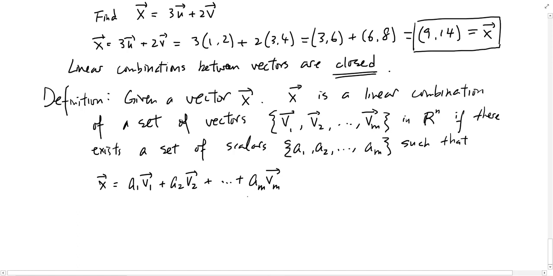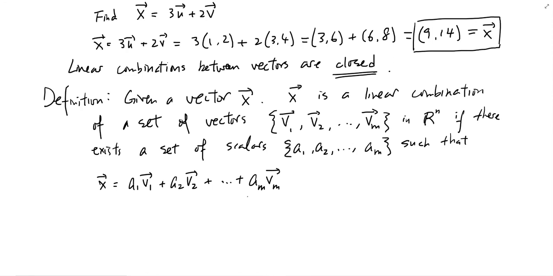In a sense, you can think of it like when you're cooking and you look at a recipe. Vectors v1, v2 to vm are all the ingredients that you need to use, while a1, a2 to am define how much of each ingredient you use to put together this recipe.